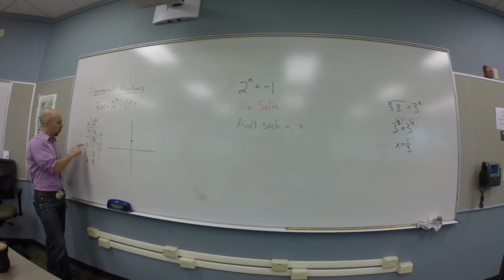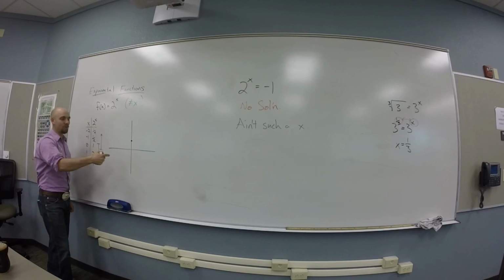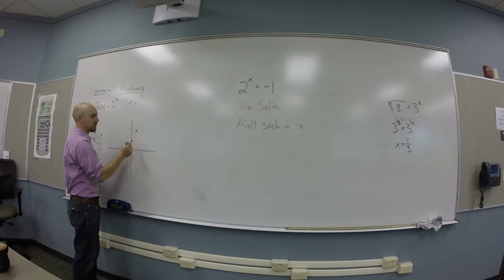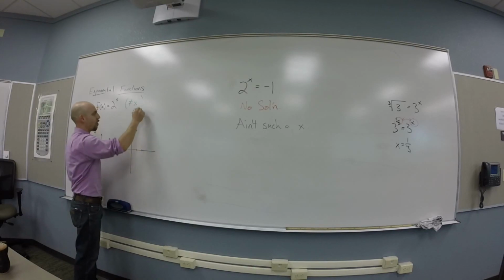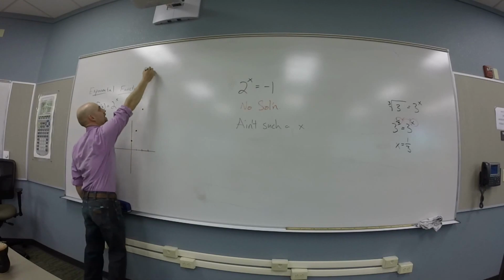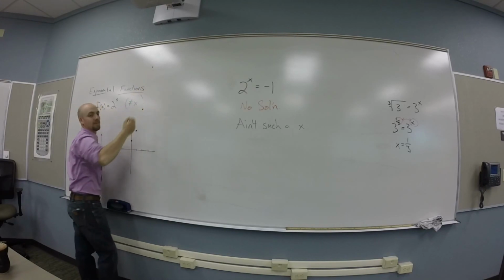As I go 1 to the right, what happens to the y value? Remember, this part's a geometric sequence. It gets twice as big. So I go over 1 and it goes twice as high. I go over 1 and I get to 2. I go over 1 more and I get to 4. I go over 1 more and I need to go twice that high.